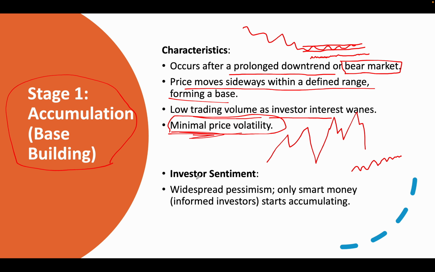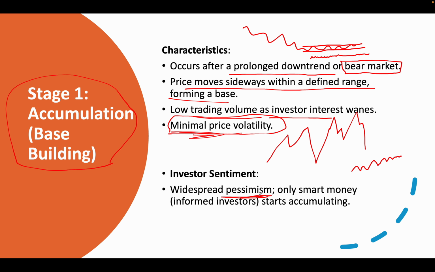And what is the sentiment? The sentiment is pessimistic. All are pessimistic, there is no positive momentum, no positive vibes, no positive emotions. Everywhere there is a widespread pessimism. So the stock market is falling and then consolidating.